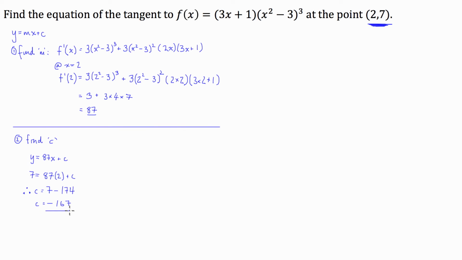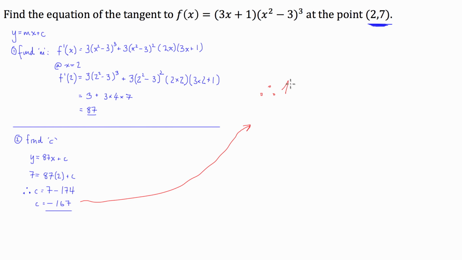Okay, so there's our c value. So once we've got our m value and our c value, we can get both of those and write down the solution to this problem.